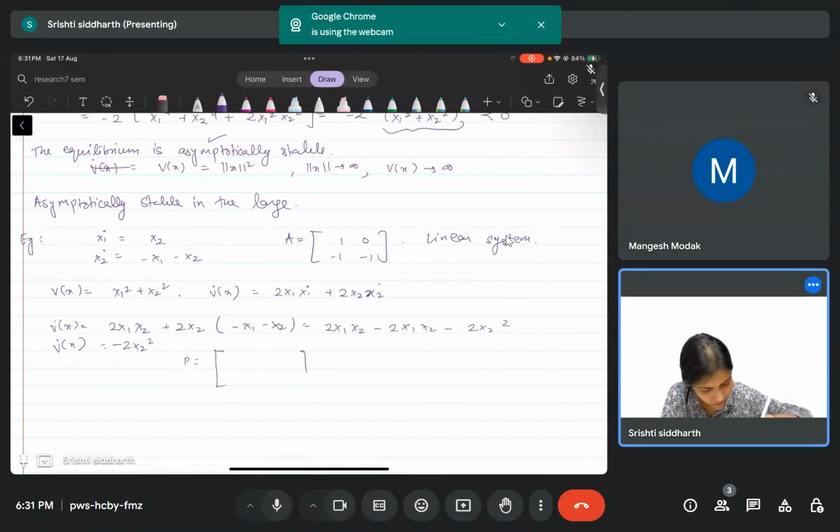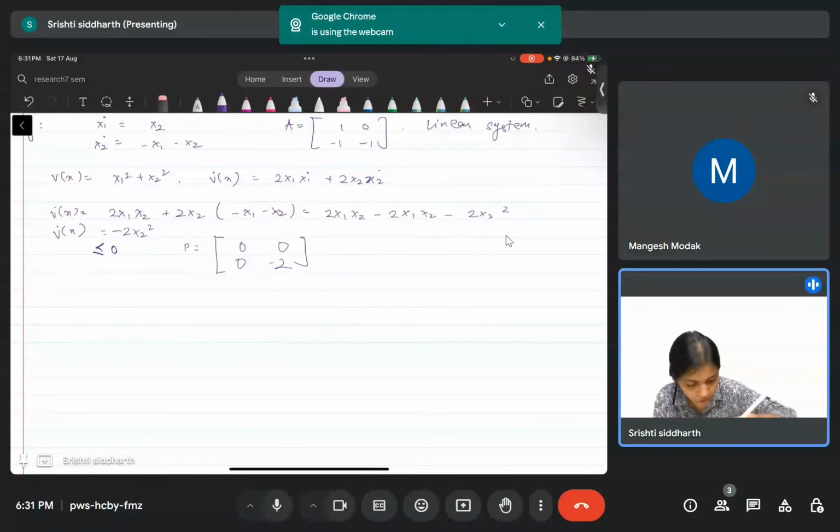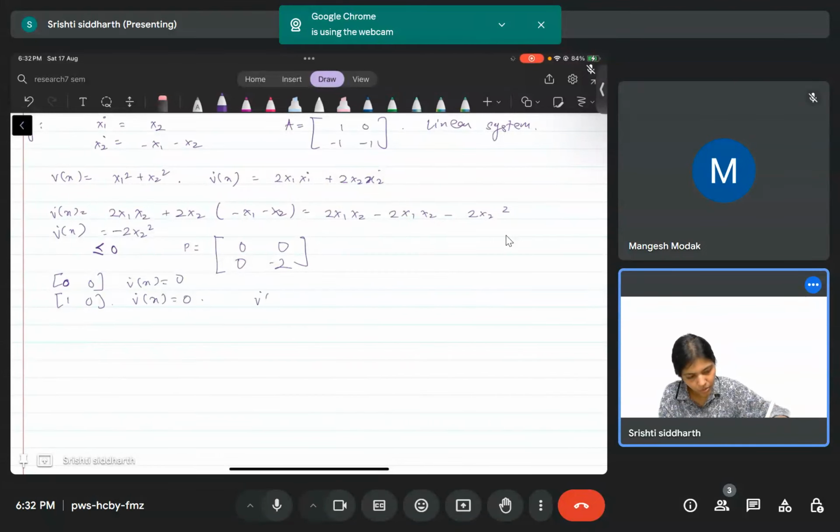Now you can also check that this has to be negative semi-definite, because at the equilibrium point V dot f is obviously 0, but for this choice, even at a non-equilibrium point, V dot of x is still 0. So V dot f is negative semi-definite.